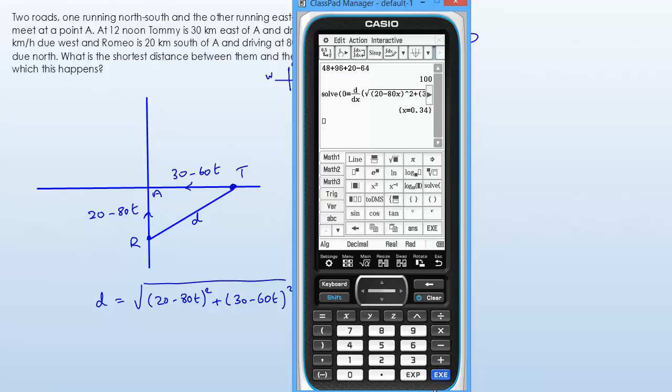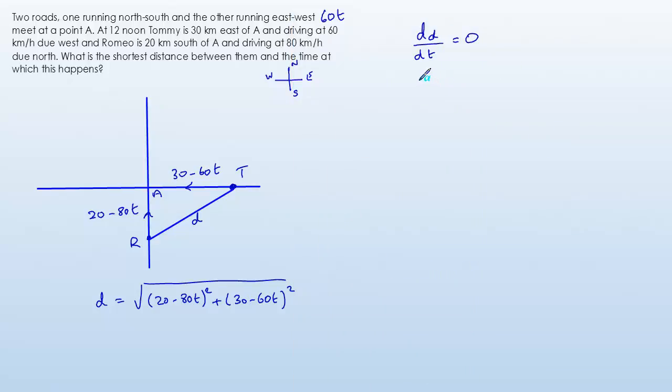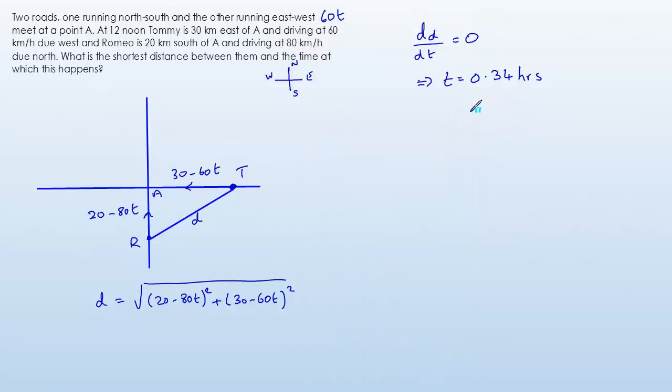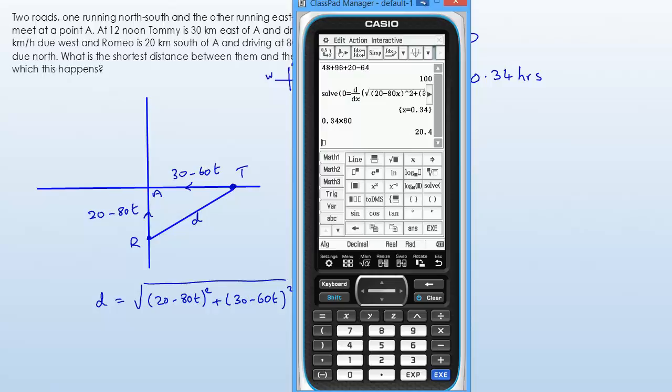And if we execute that, it gives us x is 0.34. So that means t is equal to 0.34 hours. So we should perhaps change that to minutes. So 0.34 multiplied by 60 gives us 20.4 minutes.